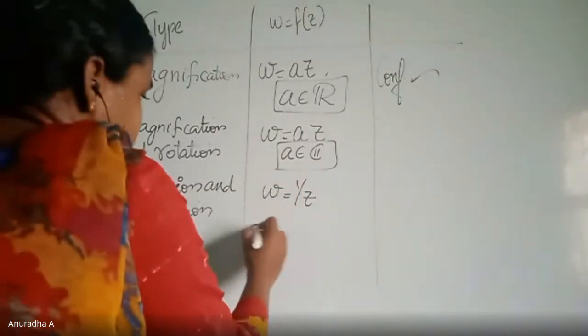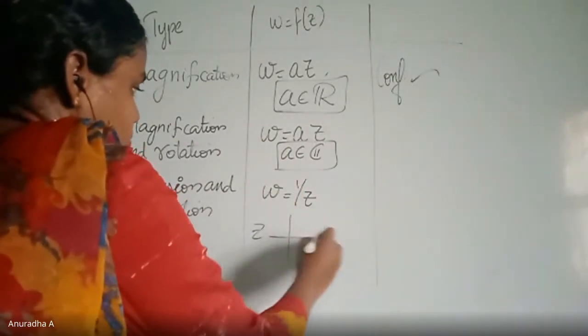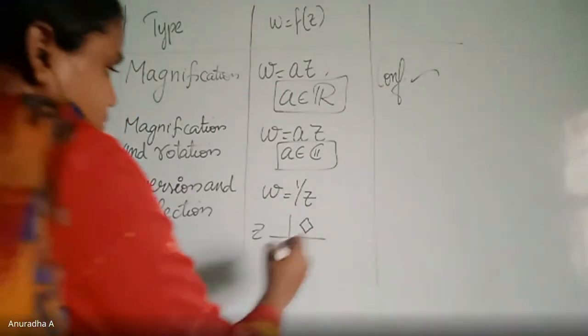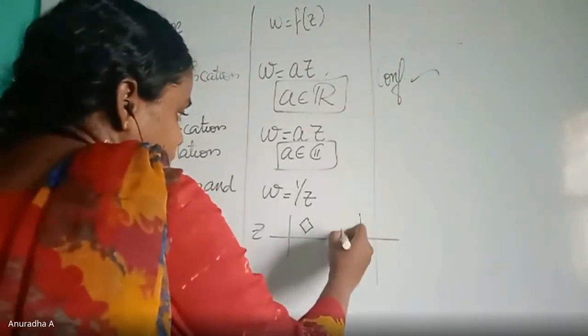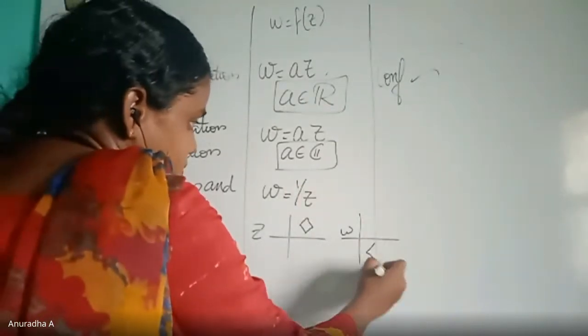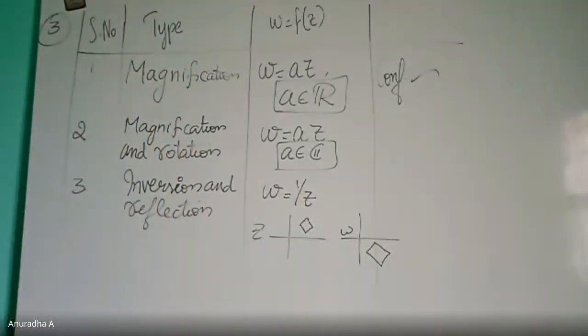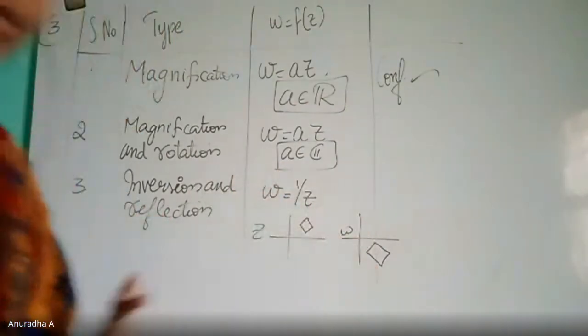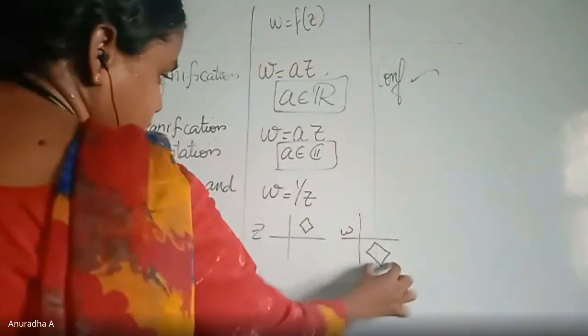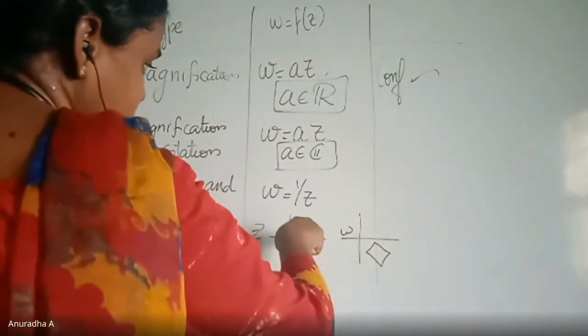Any structure or function in the z domain is given, and I am drawing the diagram here. Then in the w domain, after applying 1 by z, it will go here: the same diagram, just pulled there. So we are inverting and the angle is also changed.